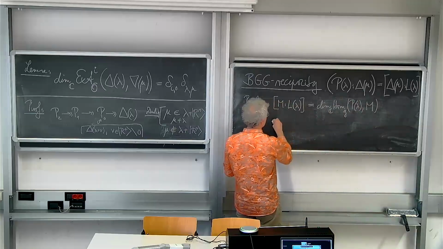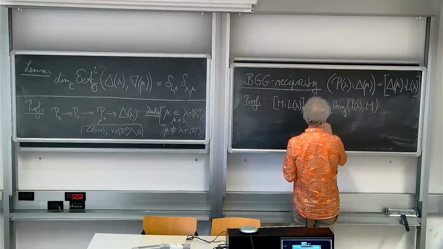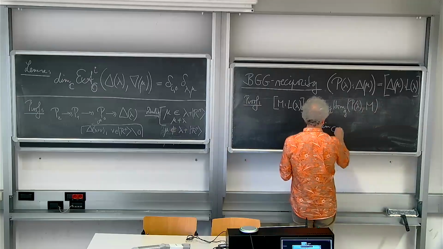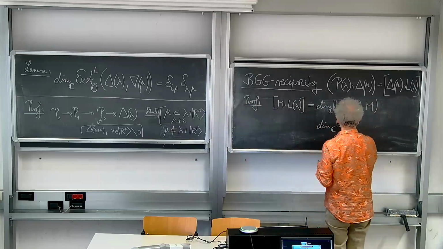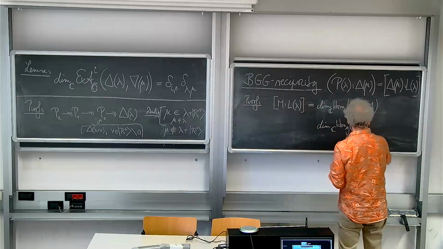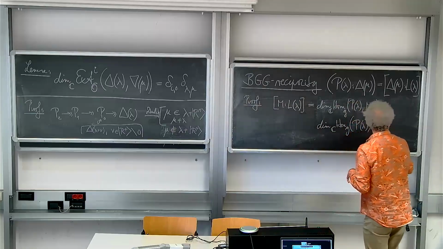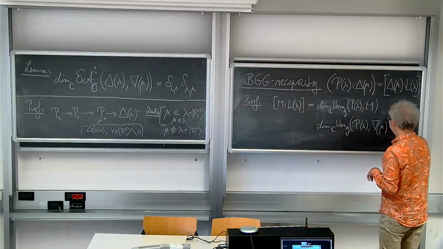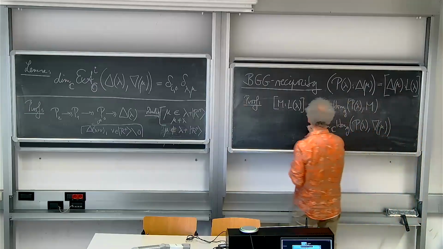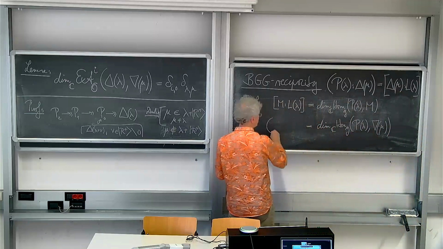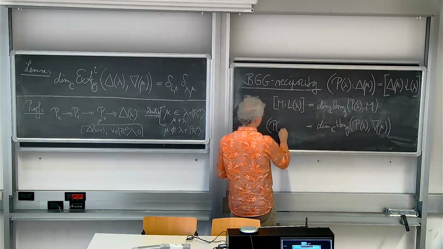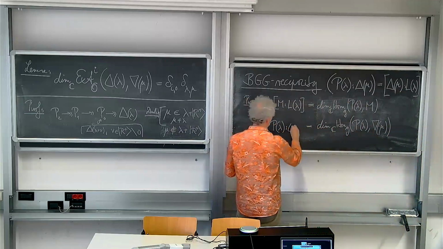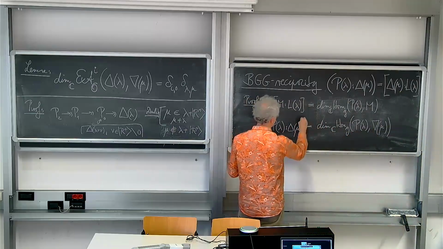to prove that the dimension of homomorphisms from P lambda to nabla mu, because it is anyhow the same thing, is the same as the multiplicity of delta mu in a composition series.